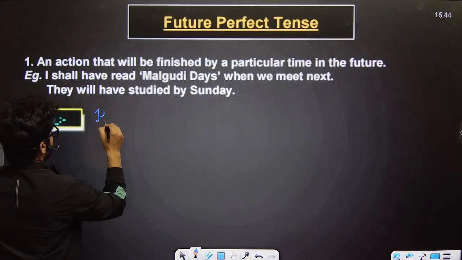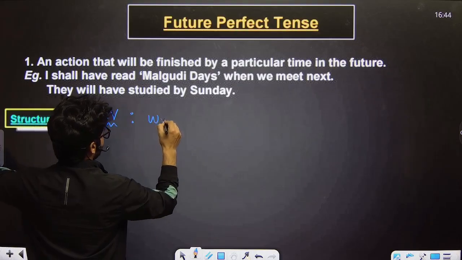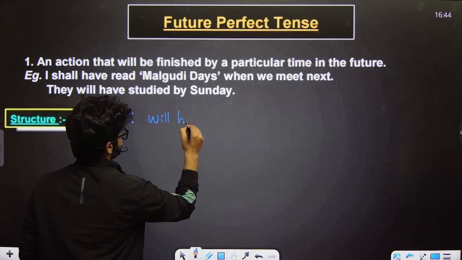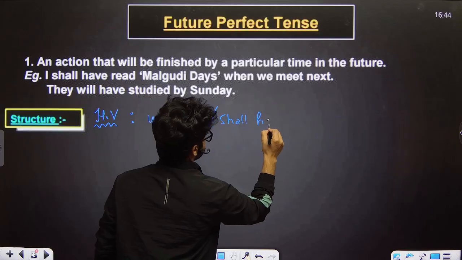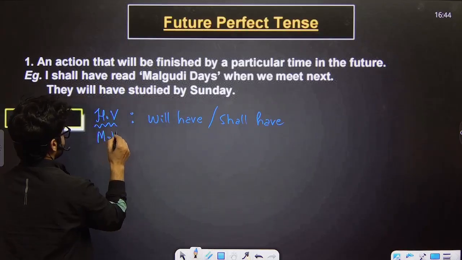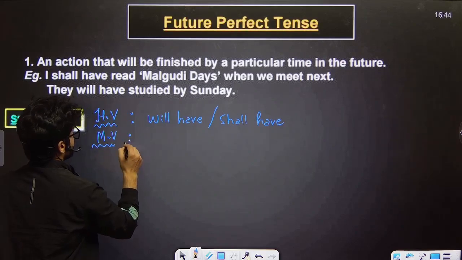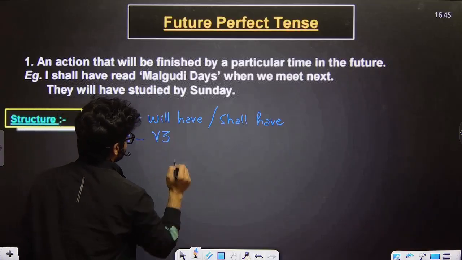So you will have your helping verb: will have, shall have, and the main verb will be verb 3 form.